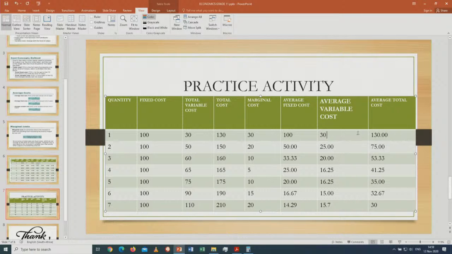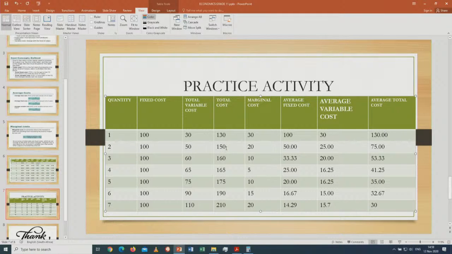Therefore we get the 30. And then our average total cost will give us the 130. The average total cost would be our average fixed cost and our average variable cost, which gives us the 130.